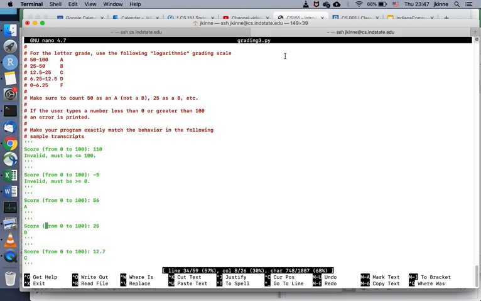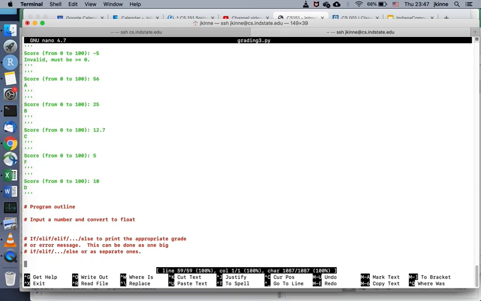Okay, so, and there is an outline for this one as well. First, they enter a score, and then actually all the rest of it could be done, depending on how you organize it, with just one big if, elif, else.